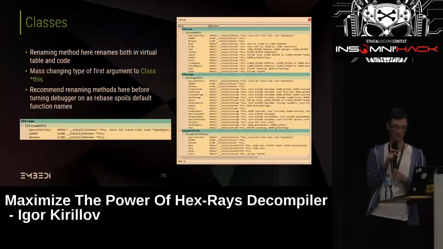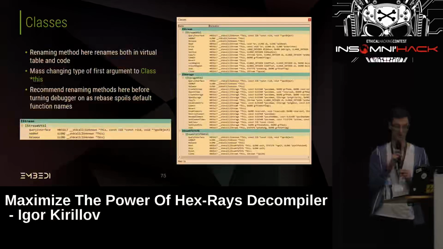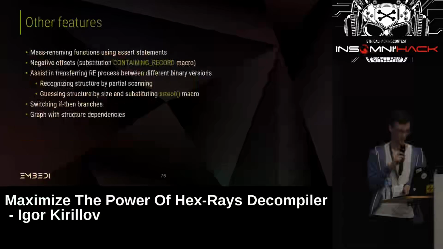And this window also enables changes in signatures for every method one by one. And one more opportunity is to massively change the first argument of methods to the class name pointer this. So probably it's useful.